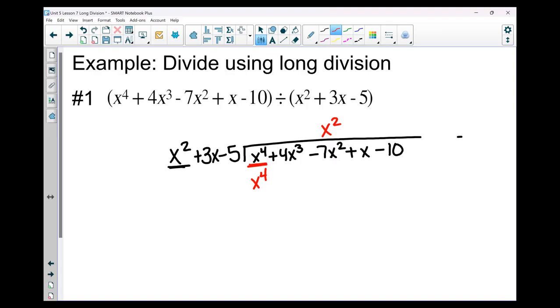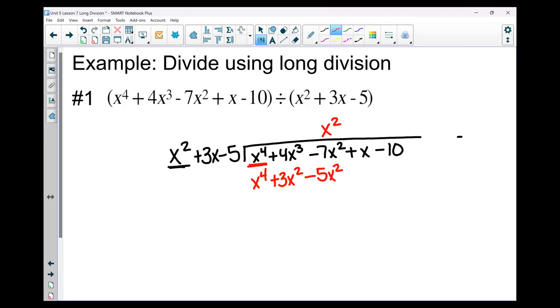But I also know, if I'm multiplying the divisor by x squared, I have to distribute that. So I also have to multiply 3x by x squared, getting positive 3x squared, and negative 5 times x squared, getting negative 5x squared. So our multiply is a distribution.